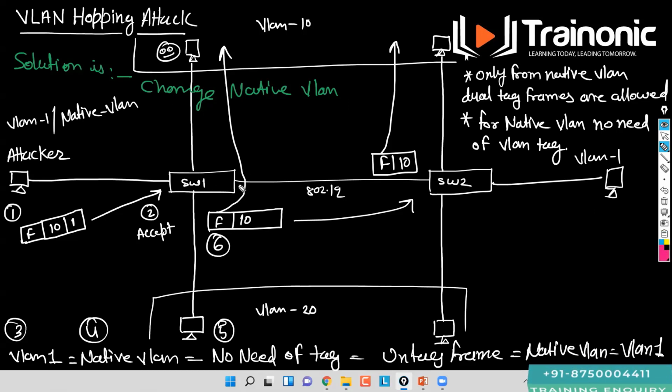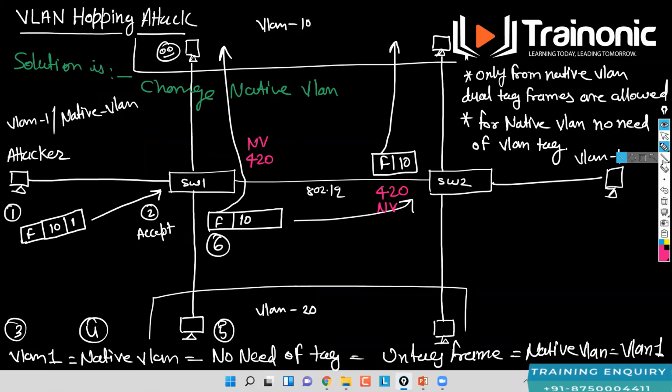We need to create a VLAN like 420, and the same here, 420. We need to synchronize that VLAN on all the switches. Then we define on every switch that the native VLAN is equal to 420.